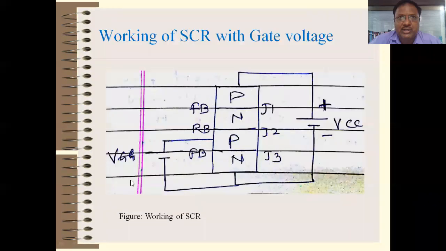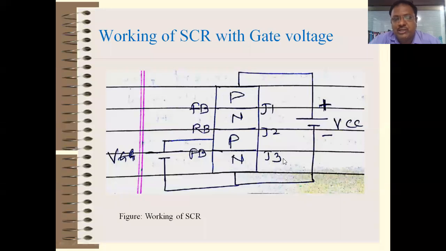Then working with a gate voltage. Suppose we are applying gate current or gate voltage, say 1 volt or 2 volt. Because of this gate voltage, holes get added into the P region. If VCC is increased, junctions J1 and J3 are already forward biased with the voltage VCC, because anode is connected to the positive with respect to cathode.